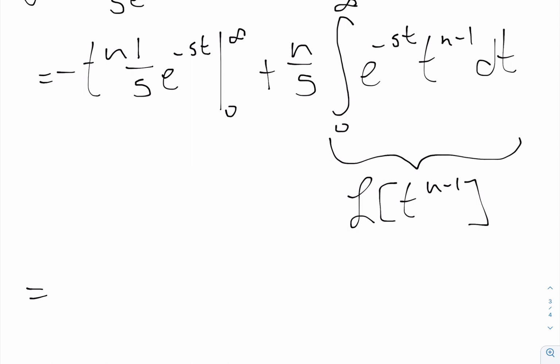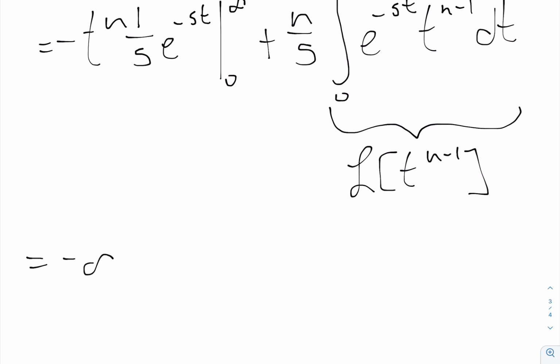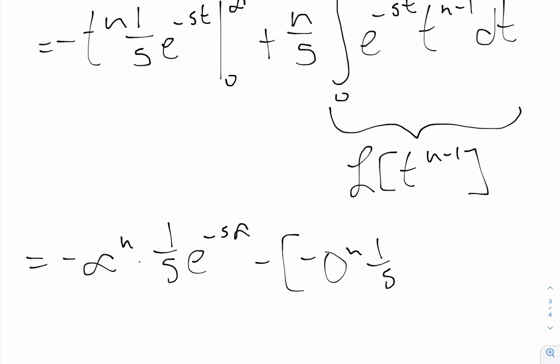If we plug in infinity for t, that's our variable right now, we're going to get negative infinity to the n times 1 over s, e to the negative s times infinity, minus, in brackets, if we plug in 0, it's going to be negative 0 to the n, 1 over s, e to the negative, I'll just write 0 because it's s times 0.